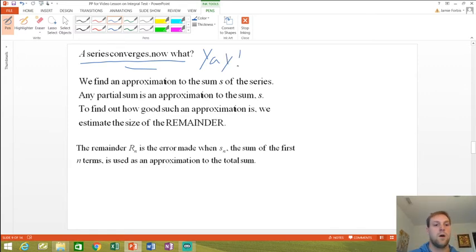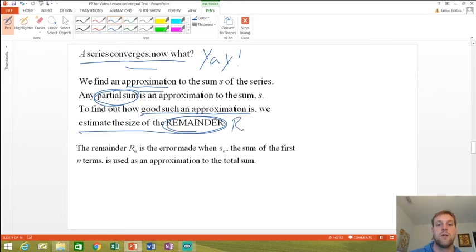Sometimes we can actually find the infinite sum, but a lot of times we can't. So we need to find an approximation to the sum S of the series, and any partial sum that we find, just a piece of it, is an approximation of the sum, right? So we talked about how to find out how good such an approximation is. We are going to do that by estimating the size of the remainder.